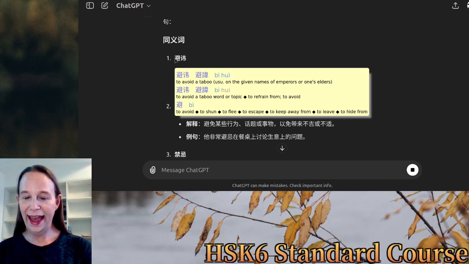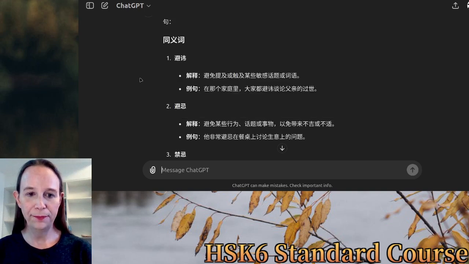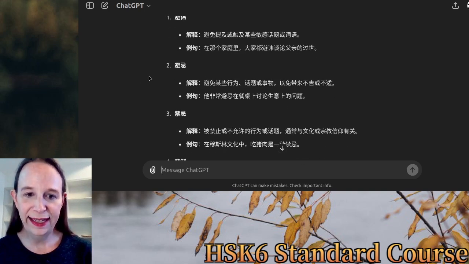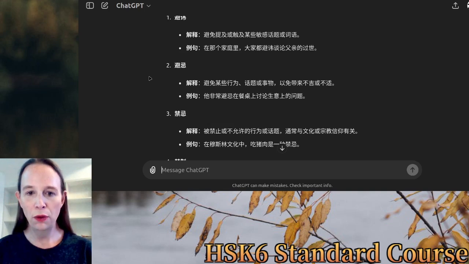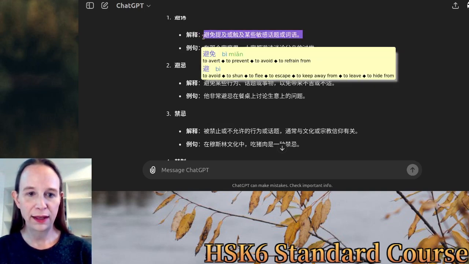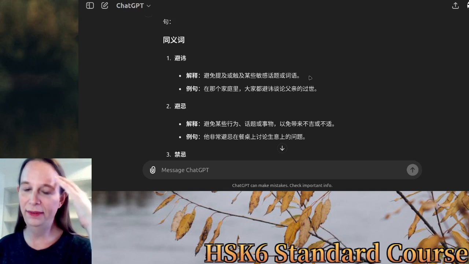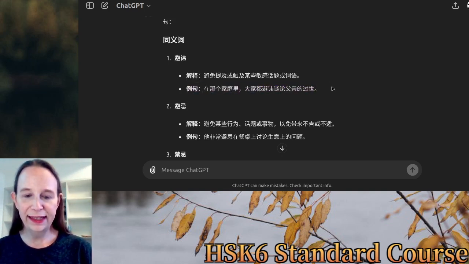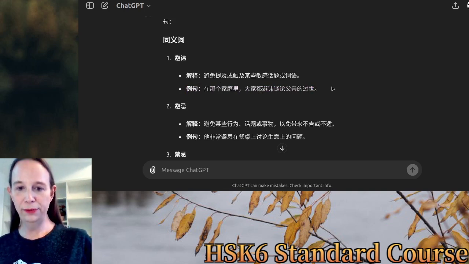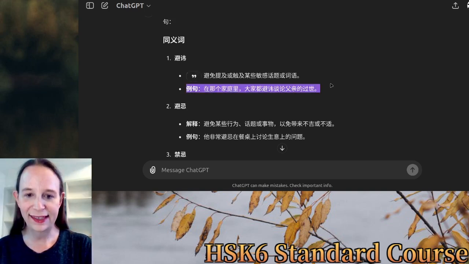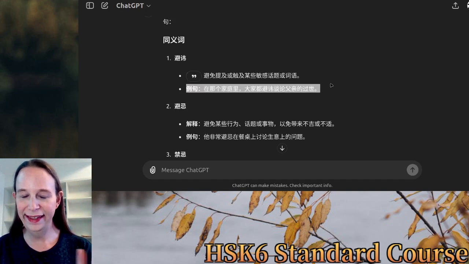So maybe 忌讳 has 避讳 as one of its meanings. 避讳 is a verb and not a noun, right? 避讳避免提及或触及某些敏感话题或词语。Okay, so the scope of this word appears narrower than 忌讳。在那个家庭里，大家都避讳谈论父亲的过失。All right, so this could be the same in any country, I think.